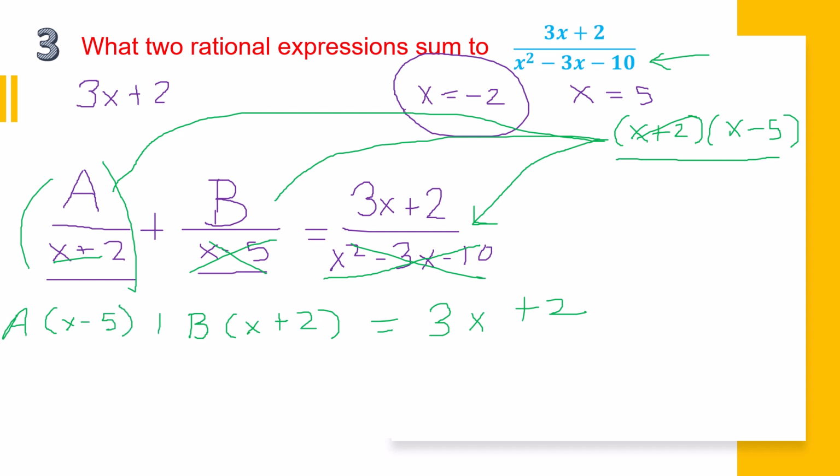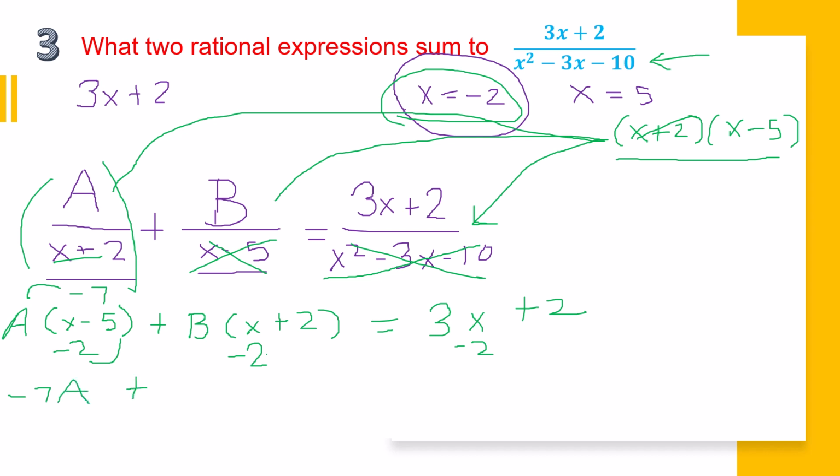Simply simplifying. Okay, now we're going to take this first root, x equals -2, and plug it in everywhere there's an x. So we'll put a -2 here, a -2 here, and a -2 here, and simplify. -2 minus 5 is -7. -7 times A, we still don't know what that is, -7A.